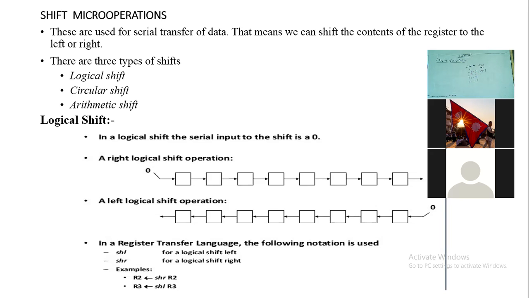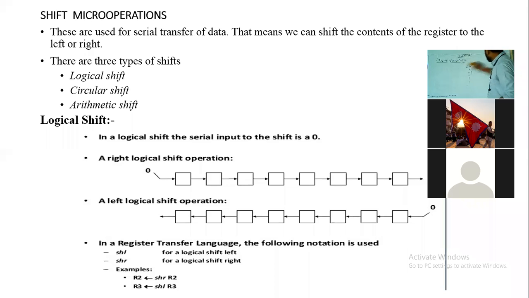If either of the two is 0, the output is 0. In this way we can perform logical operations. And in case of OR, if either of the numbers is 1, the result is 1.